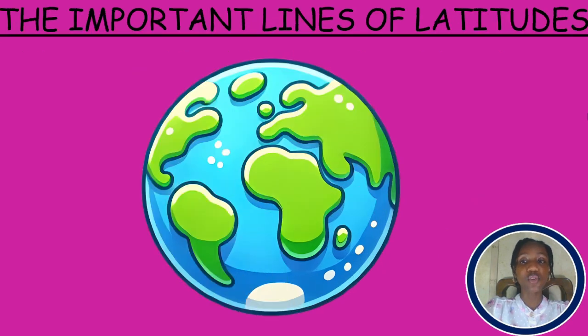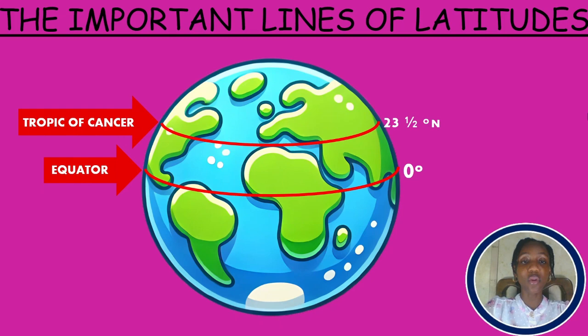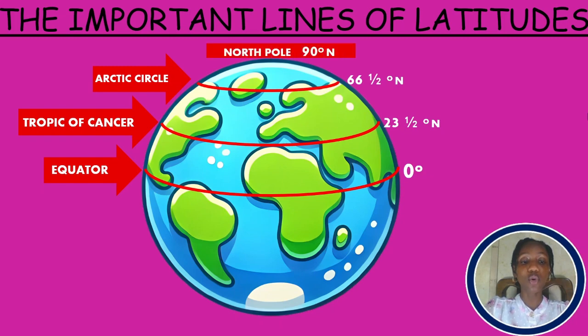Important lines of latitude. The most important one from which the others are referenced, as we've mentioned earlier, is the equator, which is at 0 degrees. And then moving towards the north, we have the Tropic of Cancer on latitude 23.5 degrees north and the Arctic Circle on latitude 66.5 degrees north. Then at the very top, we have the North Pole, which is where Santa Claus lives.